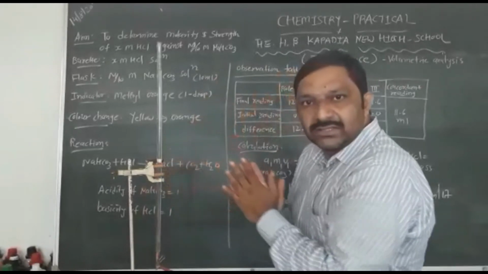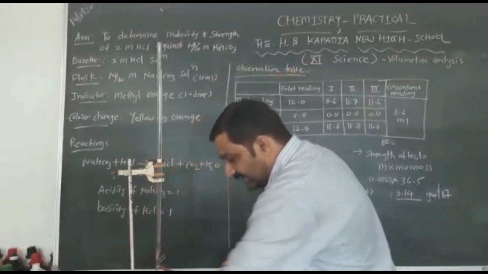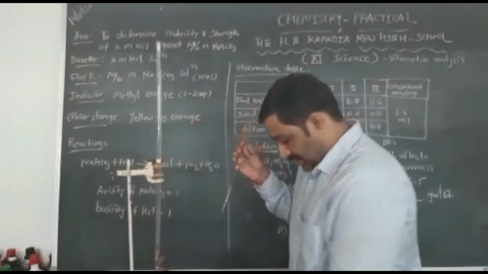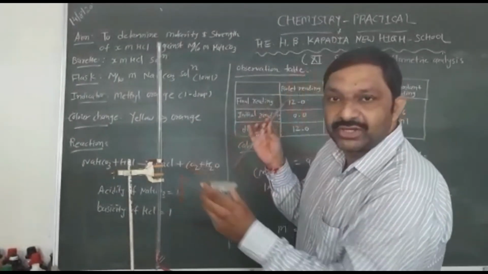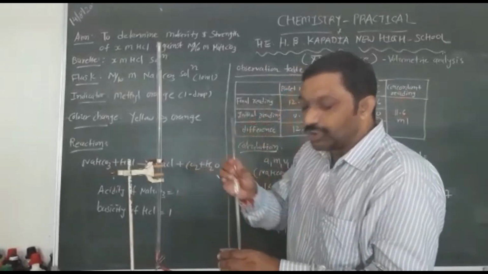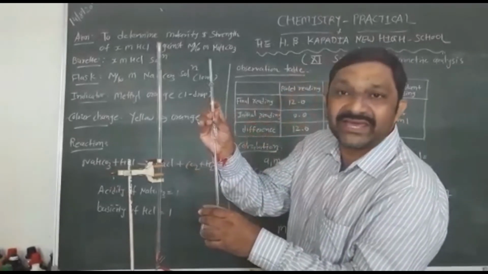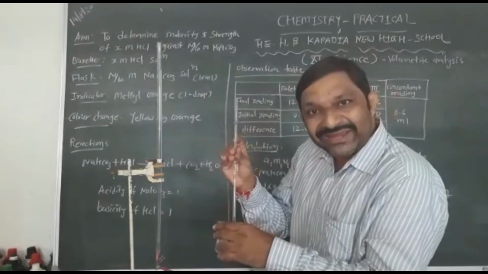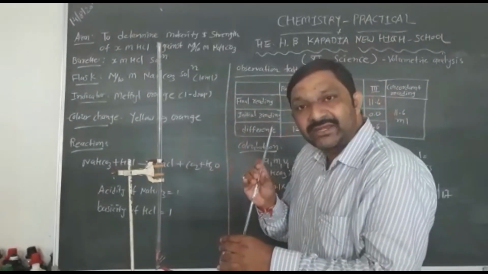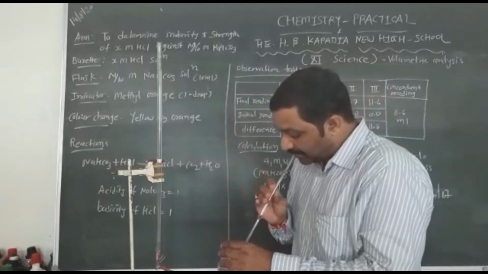Now I will take 10 ml NaHCO3 solution, 10 ml through the pipette. Here is my scale of 10 ml. I will set the lower meniscus again.